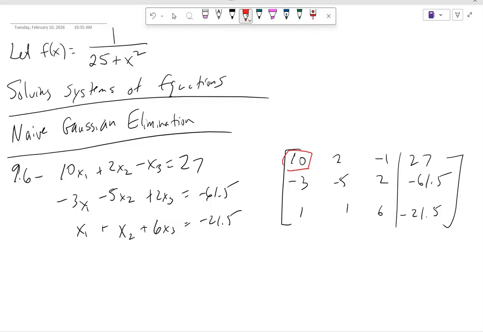So identifying the pivot is certainly important, and we'll talk about that in a minute when we move from naive to not being so naive. But even when we move from being naive, I still wouldn't want to flip these rows. We'll talk about why.